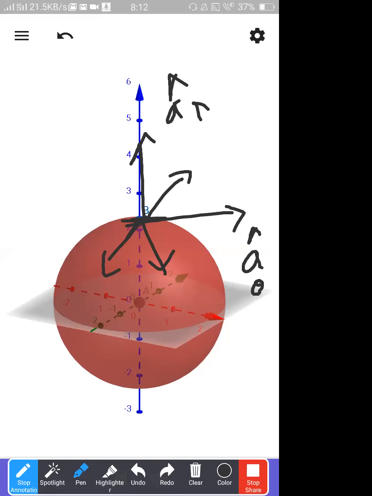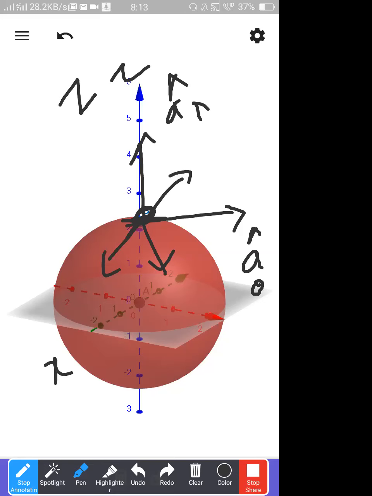Then what is the direction of phi, sir? What is the value of phi if you have chosen some point on the z-axis? That particular point is in the XZ plane.